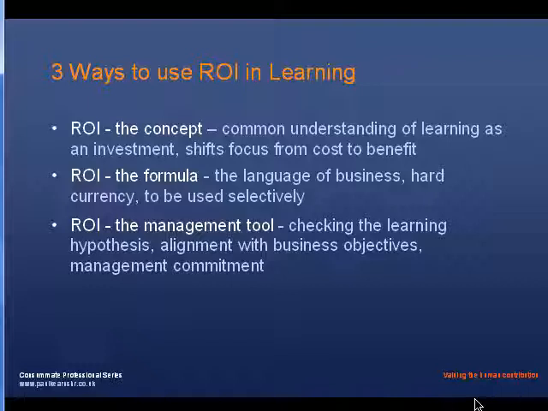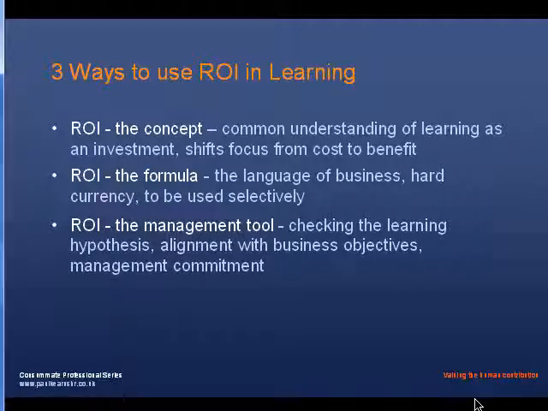The third way is ROI as a management tool. Basically, every time you put together a learning program, you have a hypothesis that if person A learns something, that will help them to achieve their business objectives. ROI just makes that crystal clear. It aligns learning objectives with business objectives. And by doing so, it checks management commitment.